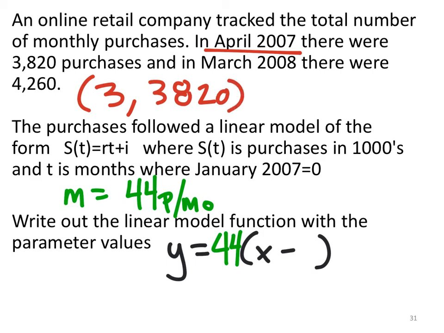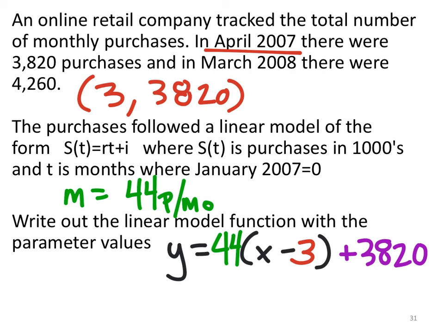Now, if you think that's confusing, you probably should, because it's kind of jacked up that they used January 2007 as 0, but that's the way they did it, okay? So the actual ordered pair that we end up with is 3 as the x value, and positive 3,820 as the y value.